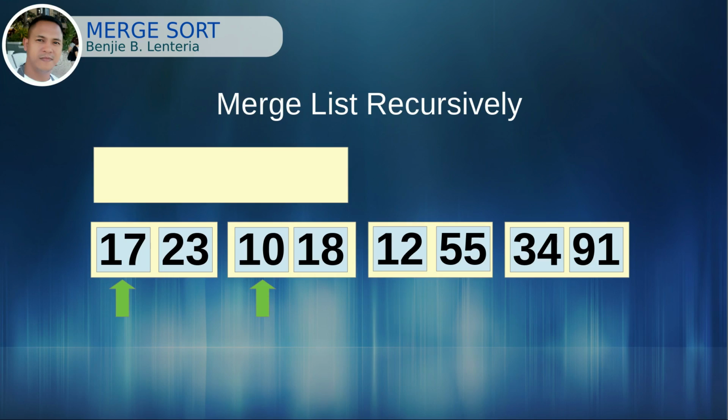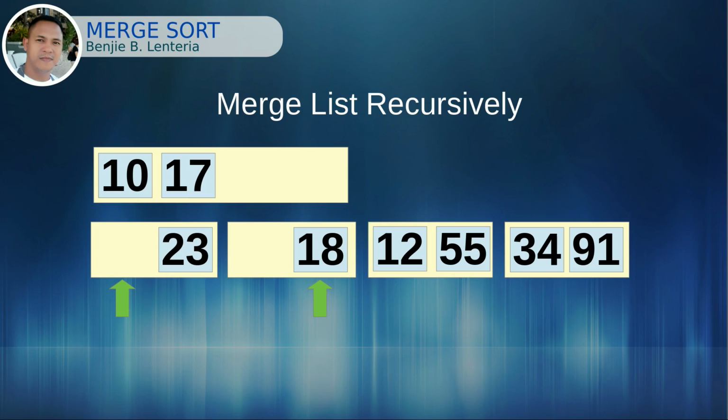And comparing 10 to 17, 10 will be inserted into the new list, and the pointer will be moved to the next element. At this point, it will now compare 17 with 18, and since 17 is smaller than 18, 17 will be inserted into the new list, and the pointer will move to the next element.